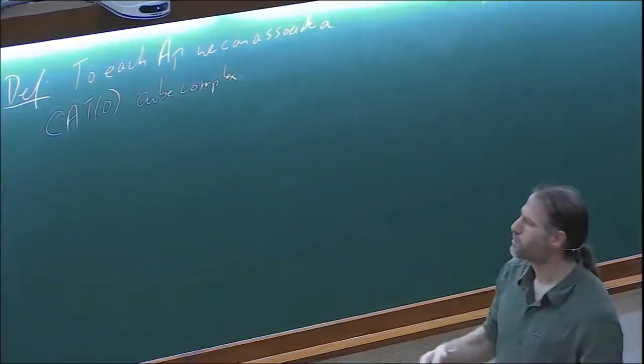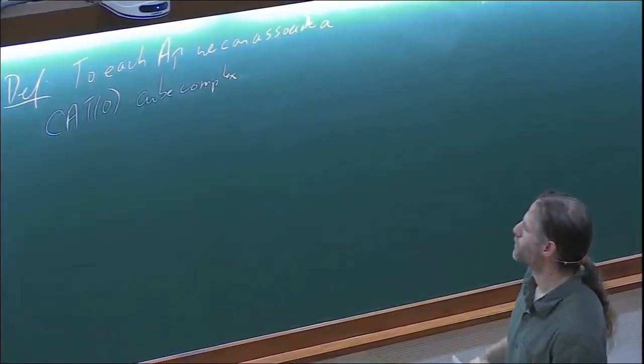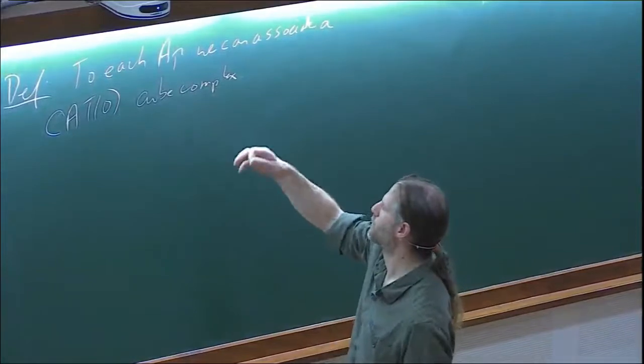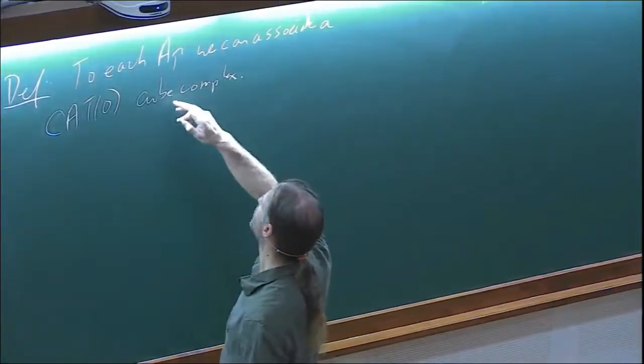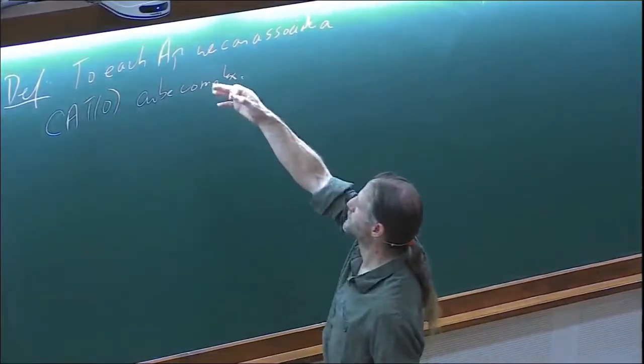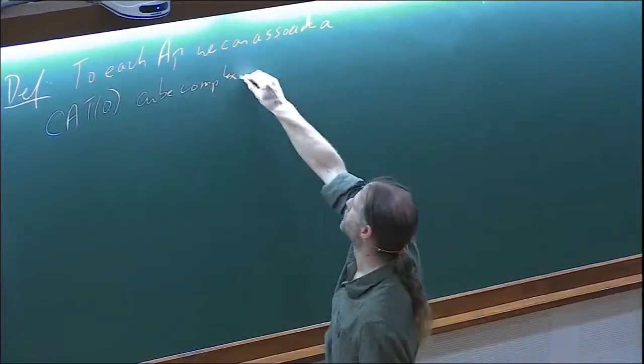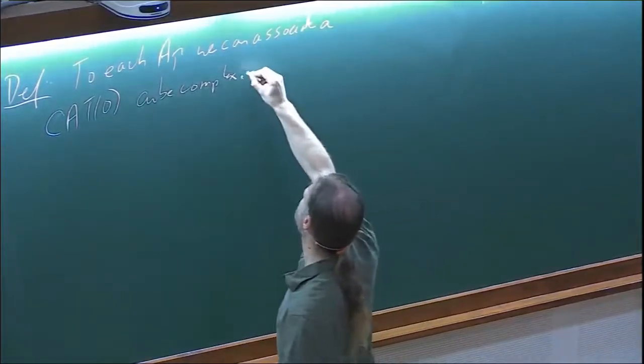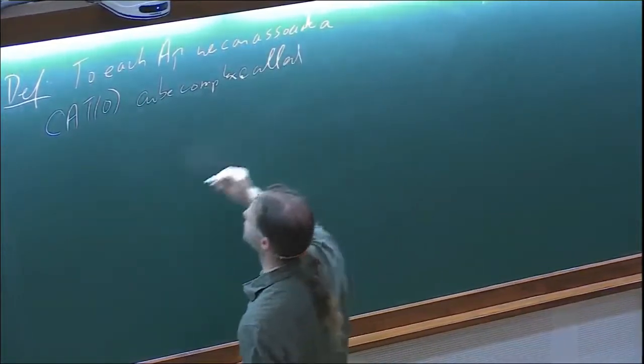There's a CAT(0) cube complex which is the universal cover of a K(pi,1), and the universal cover is this CAT(0) cube complex. The cube complex is called the Salvetti complex.